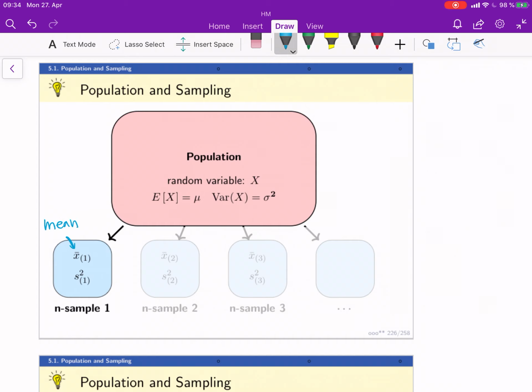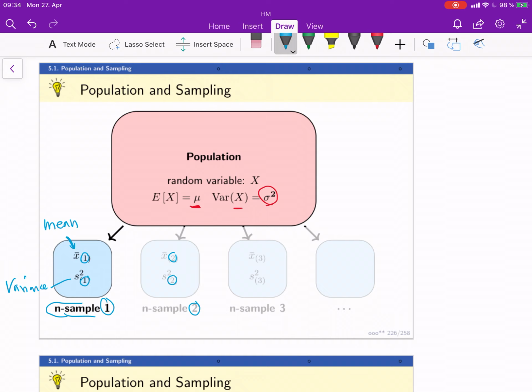I call it x bar for our n sample, and we talked about the variance, and in the sample I want to call the variance s squared, just to not confuse it with the population, where the expectation value is mu and the variance of our random variable is sigma squared. So we have to keep them separate. This identifier 1 here just means sample 1. There's a 2 here and so on.